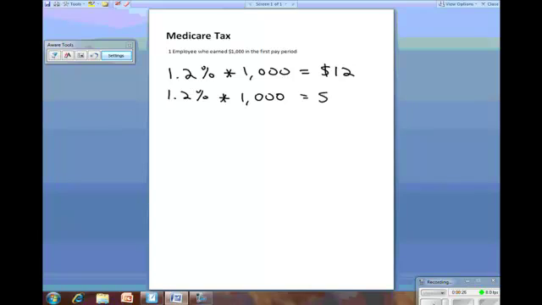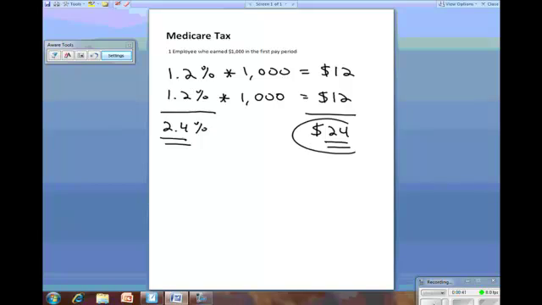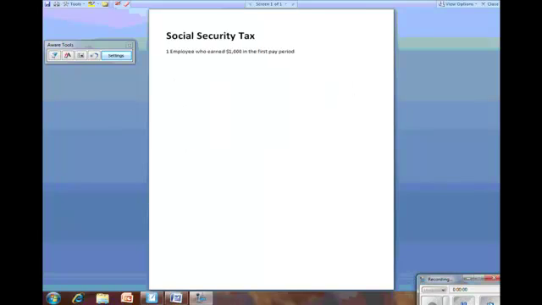Your employee performs the same calculation and comes up with, you guessed it, $12 again, because that's how much they owe out of their paycheck. 1.2% plus 1.2% equals 2.4%, as mentioned before. And the grand total for the withholding is $24.